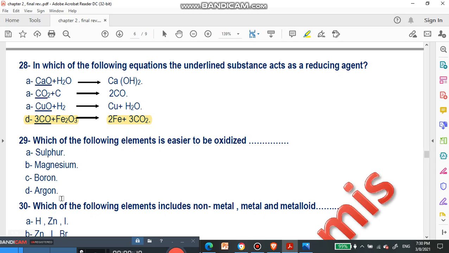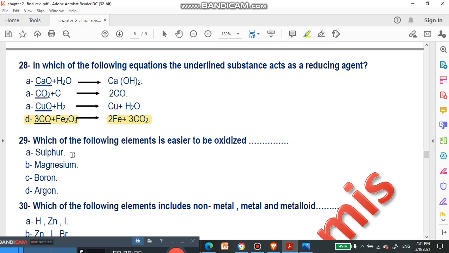Okay, let's go into question number 29. Which of the following elements is easier to be oxidized? If we are talking about being oxidized, metals, without any thinking, are all easier to be oxidized. Sulfur is a non-metal, boron is a metalloid, and argon is an inert gas, so it will not make any reaction.